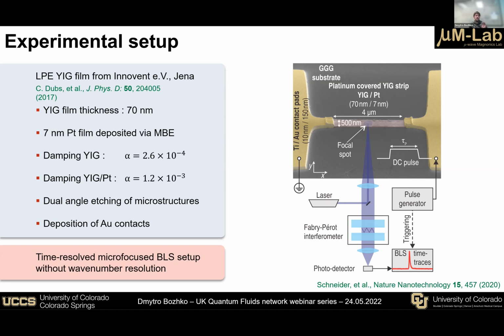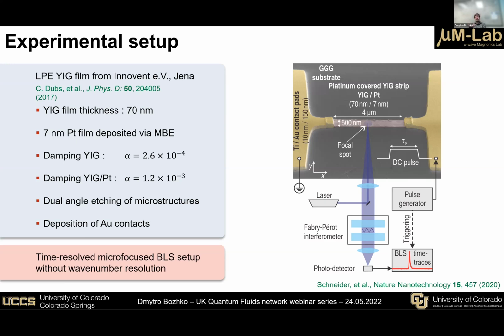For this experiment, we used a thin YIG film of 17 nanometer thickness. The size of the structure was a stripe 500 nanometers wide and 4 microns long. In order to probe it, we had to shrink down the spot of the probing laser to 500 nanometers.